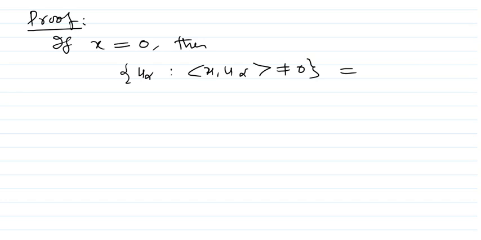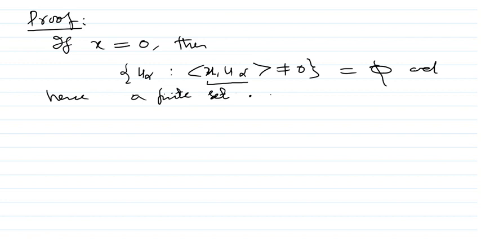What's the inner product of x with u_alpha? 0. So it can never be not equal to 0. It can never be non-zero. That means the set of u_alphas where this inner product is not equal to 0 is the empty set. We don't have any u_alphas such that the inner product of x with u_alpha is not equal to 0. So clearly, and hence, a finite set. So in this case the finite set comes, so that's countable. You had to prove this set is countable, so in that case countable is done.